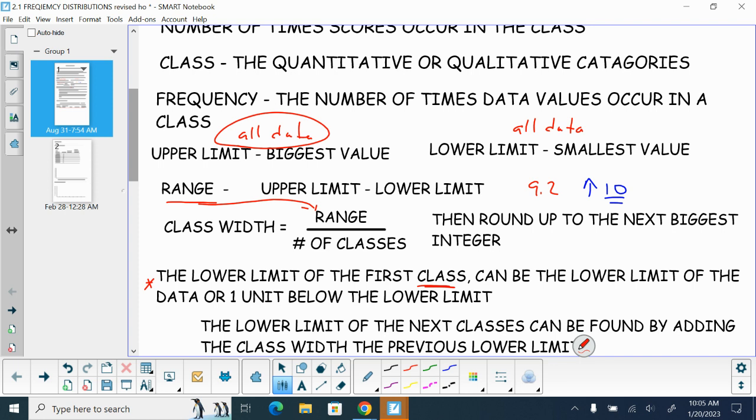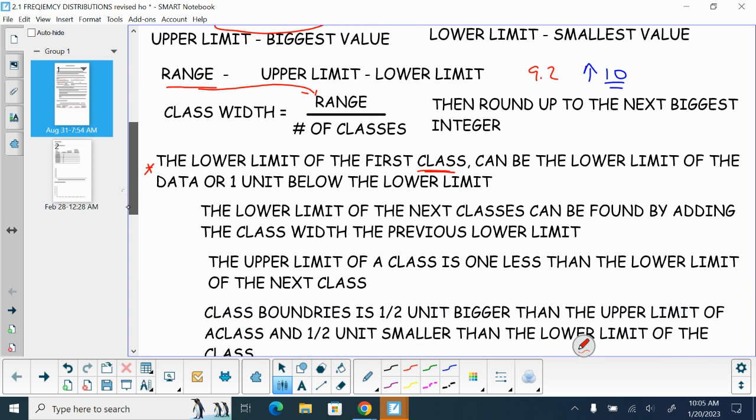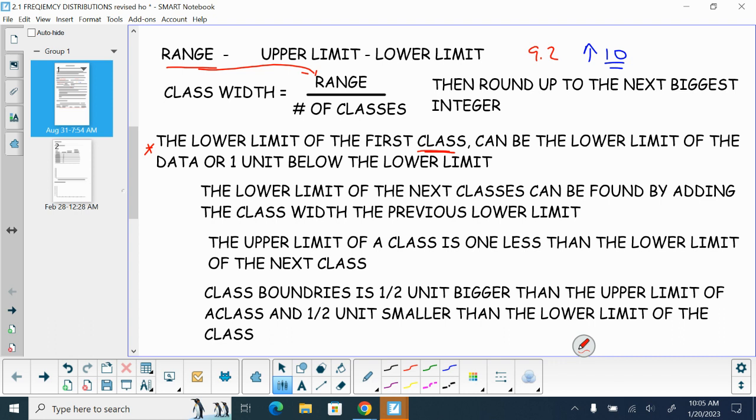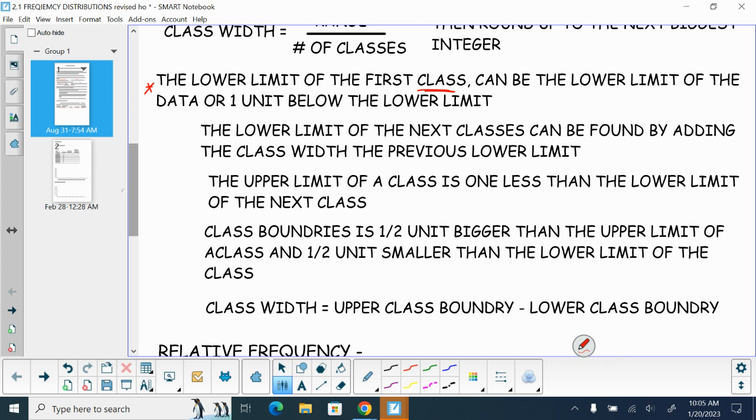You have the data values' lower limit, and then you have the classes that you're going to deal with in your frequency table, the lower limit. The lower limit of the first class can be the lower limit of the data values or 1 unit below that. This is the first thing you set. You go to this one next.